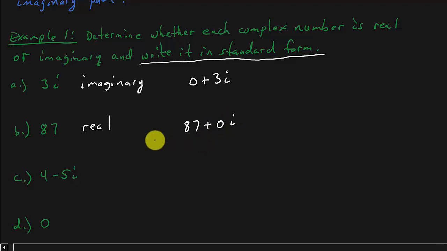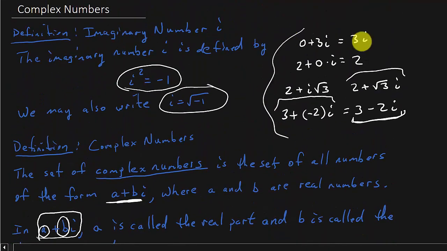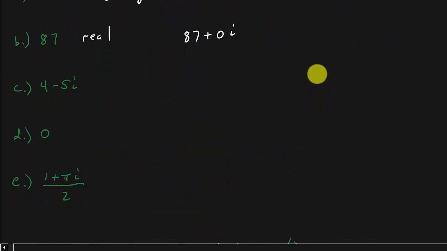And so this would be 87 written in standard form. And like I said, this is not how you would write it. You would write it like this over here. Remember how we talked up here about how we write these things for convenience. But I'm just going over this because your book may have some problems for you to do this.